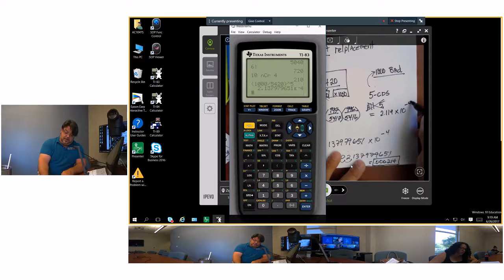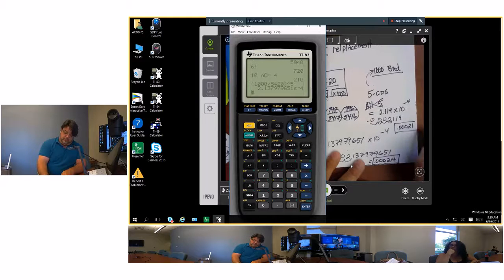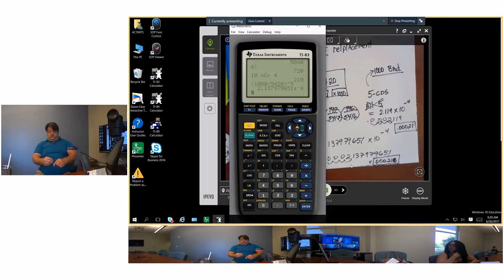Negative 4, which is 2.119, 1, 2, 3, 4, which is 0.00021. That's what I got. You're not going to get a big difference between 5 decimal points.